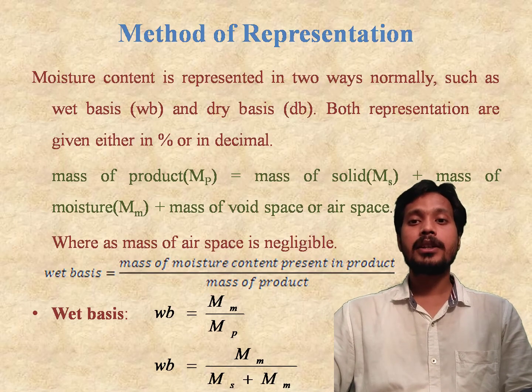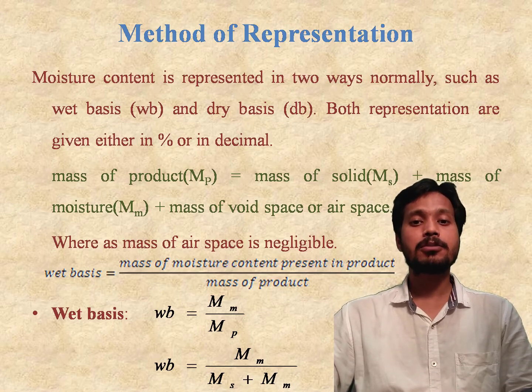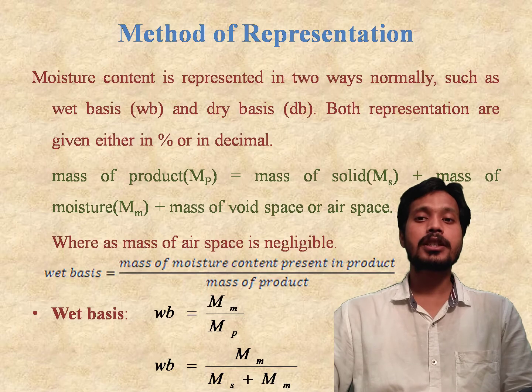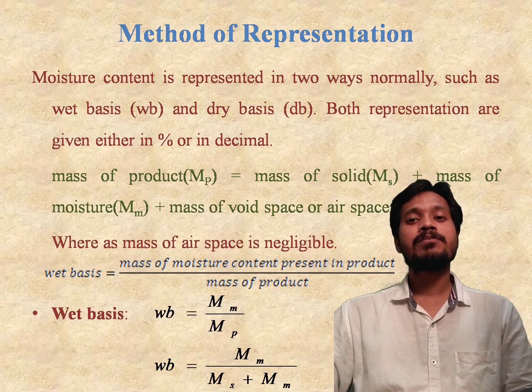Okay. So now I already told you that there are two ways of representation of moisture: one is wet basis moisture, another one dry basis moisture. This wet basis and dry basis moisture can be given in percentage or in decimal.